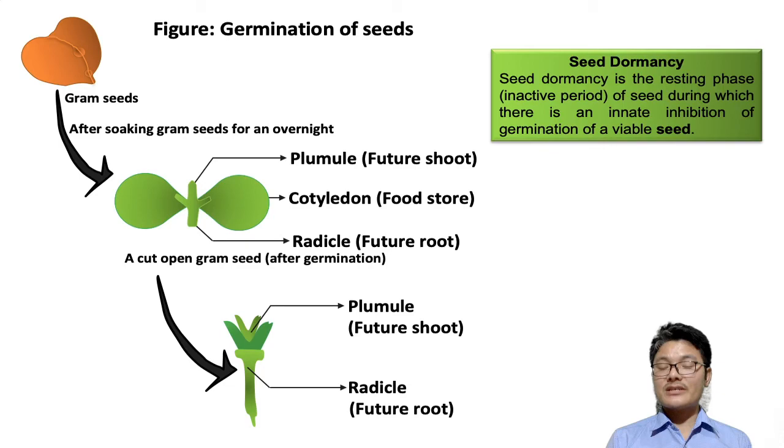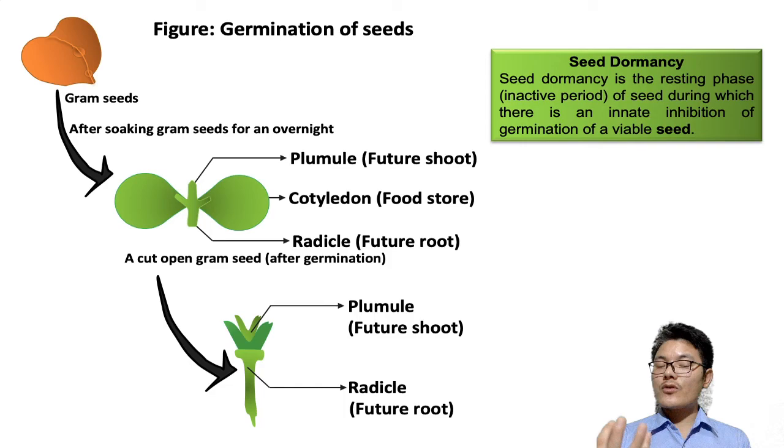So seed dormancy is a resting phase during which there is inhibition or stopping of germination of seeds, even if the seed is in a favorable condition to germinate, they may not be germinating, mainly for its survival, in order to become viable, in order to become more fertile.